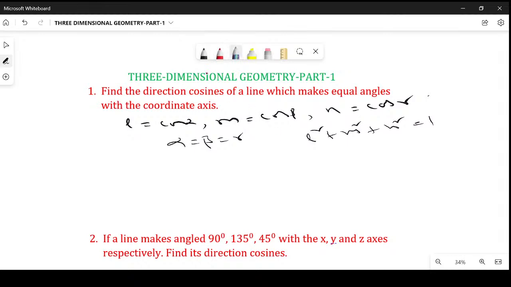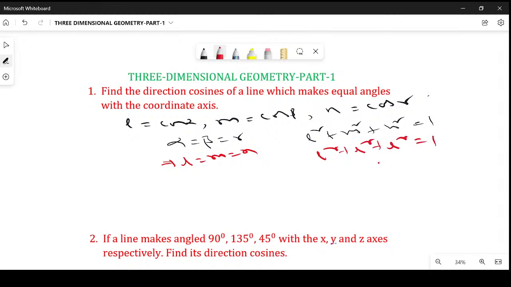Since l square plus m square plus n square is equal to 1, and when alpha equal to beta equal to gamma, automatically I can write l is equal to m is equal to n. So I can write l square plus l square plus l square is equal to 1.